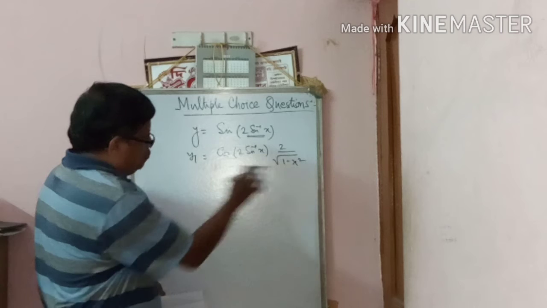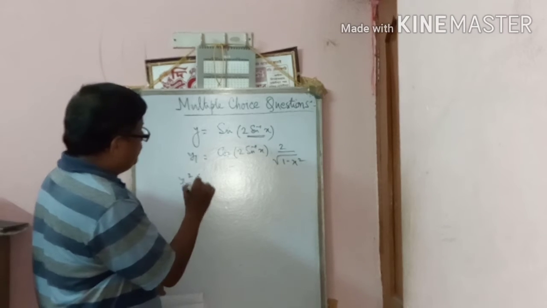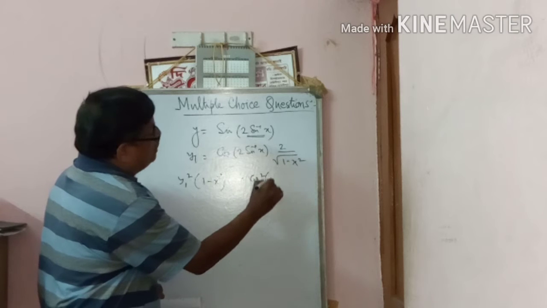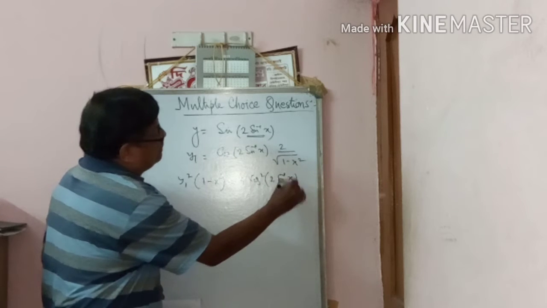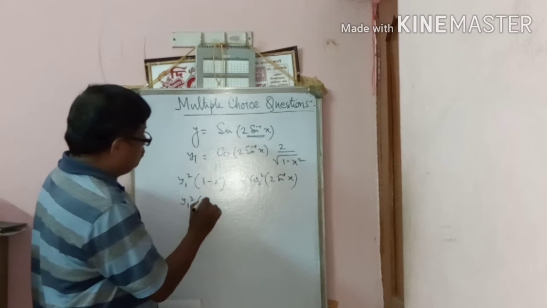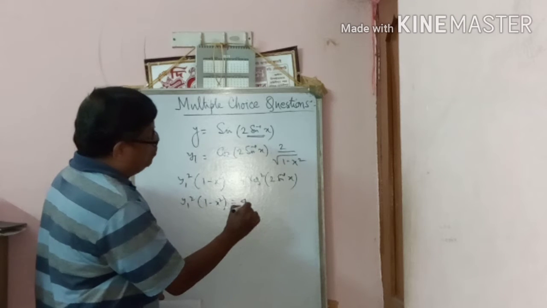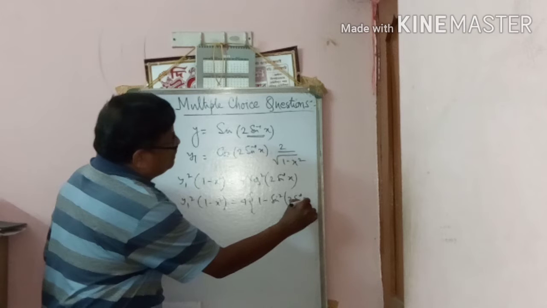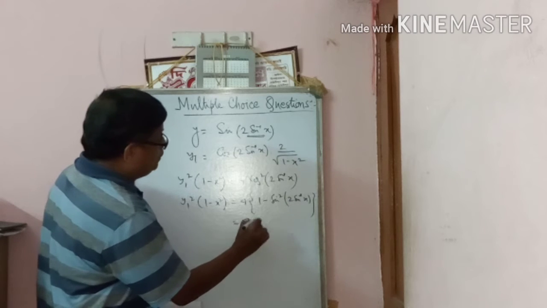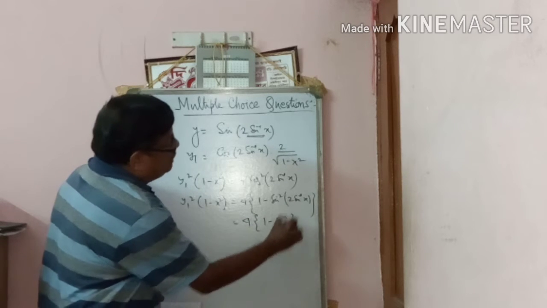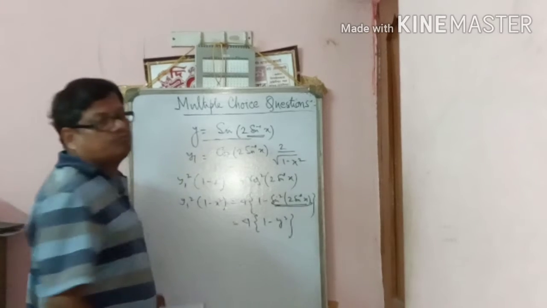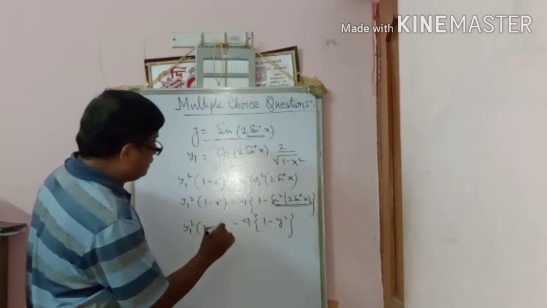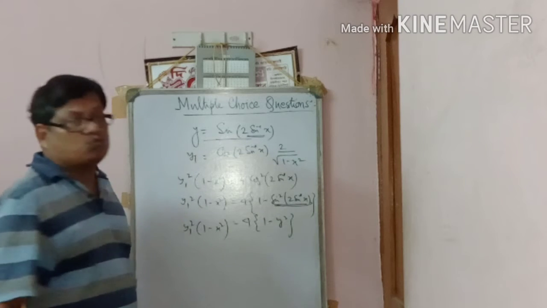Now squaring both sides, y1 square into 1 minus x square equals 4 cos square of 2 sin inverse x, which you can write as 4 into 1 minus sin square of 2 sin inverse x. So y1 square into 1 minus x square equals 4 into 1 minus y square.